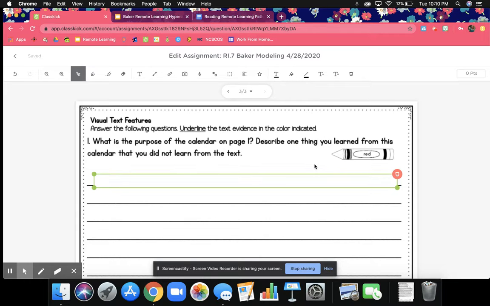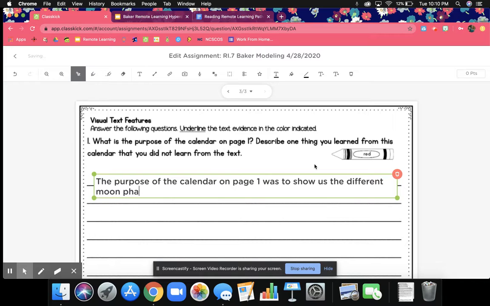So we're going to restate our question. The purpose of the calendar on page 1 was to show us the different moon phases in May of 2005. That's what the calendar said. That's what the calendar did. One thing I learned from this calendar that I did not learn from the text.